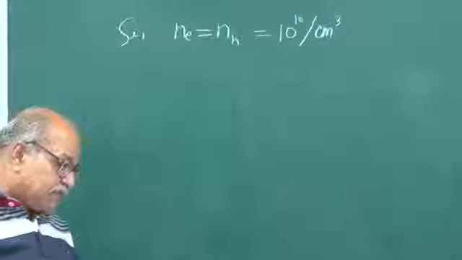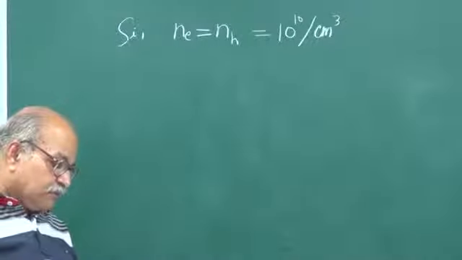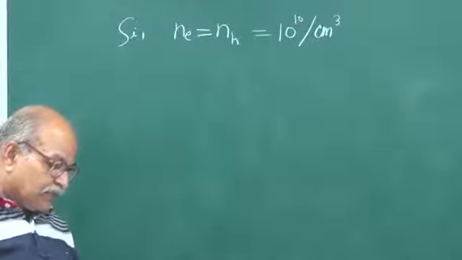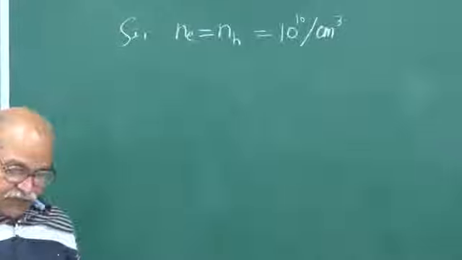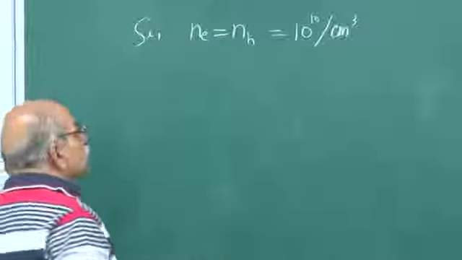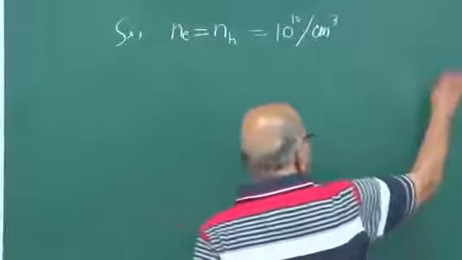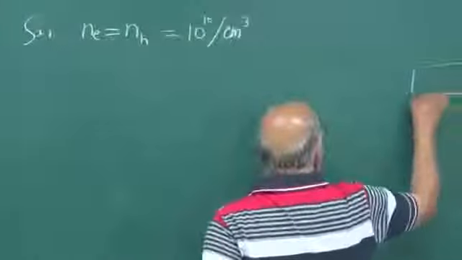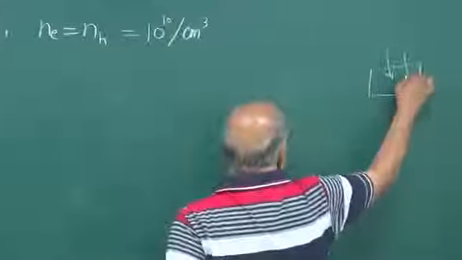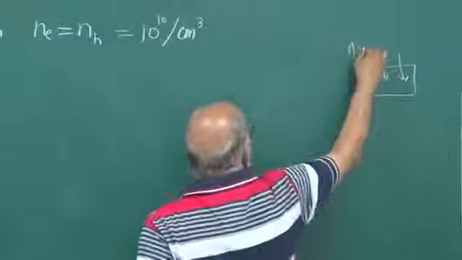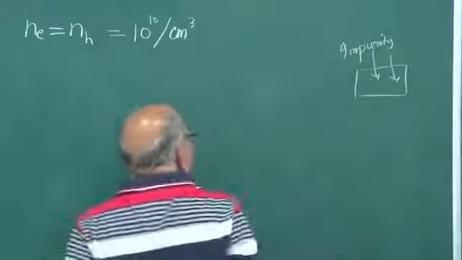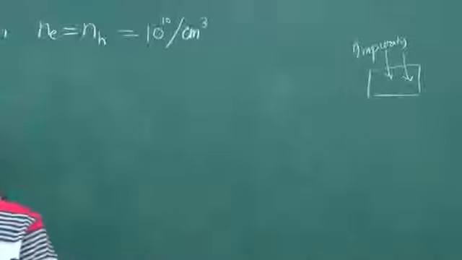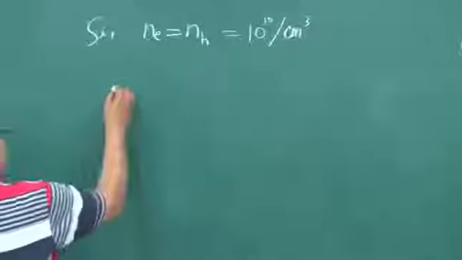A p-type semiconductor is made by doping impurity with concentration 10 power 17 per centimeter cube. So in this silicon, which is intrinsic, and then you dope some impurity, and that impurity concentration is given, it is 10 power 17.